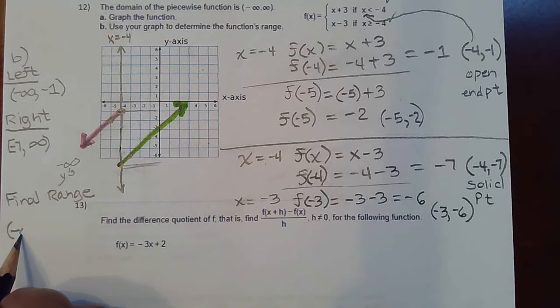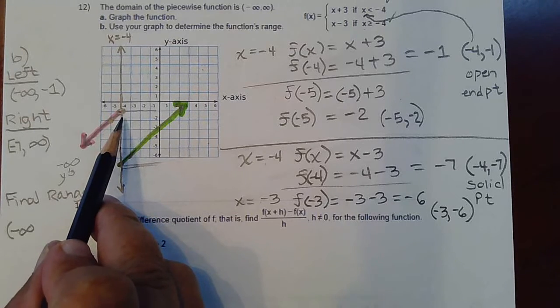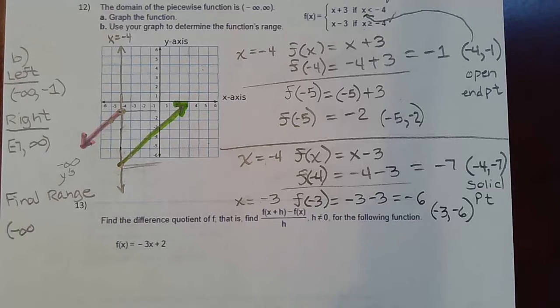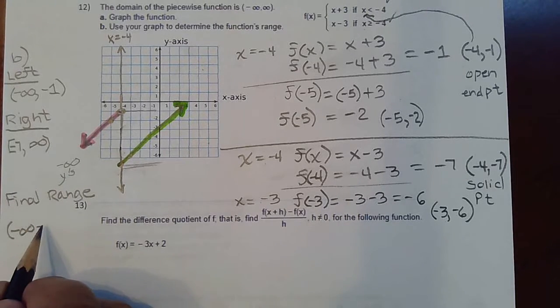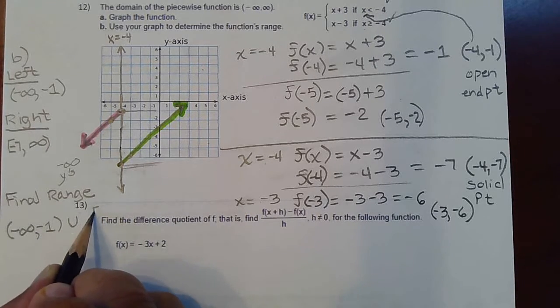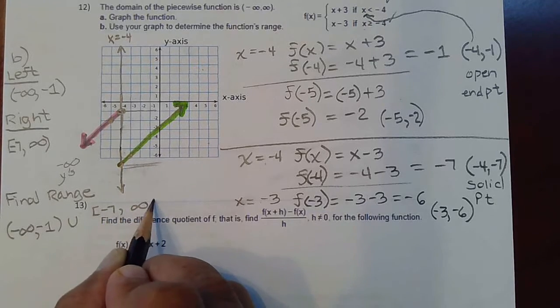So it's going to be negative infinity all the way up to and including that y value, which is -1, union together with -7 to infinity.